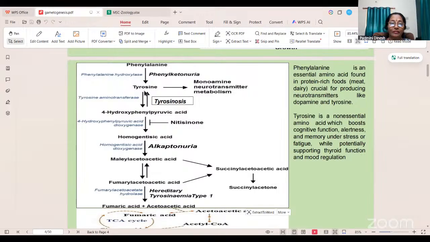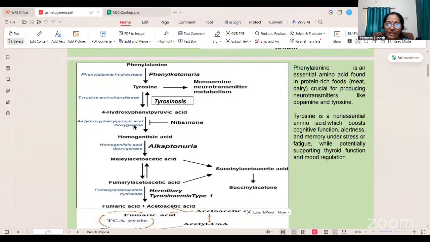Now, tyrosine that has been metabolized from phenylalanine has to be further metabolized to 4-hydroxyphenylpyruvic acid with the help of what enzyme? Tyrosine aminotransferase, right? Now, this 4-hydroxyphenylpyruvic acid has to be again metabolized to homogentisic acid with the help of the 4-hydroxyphenylpyruvate dioxygenase enzyme.